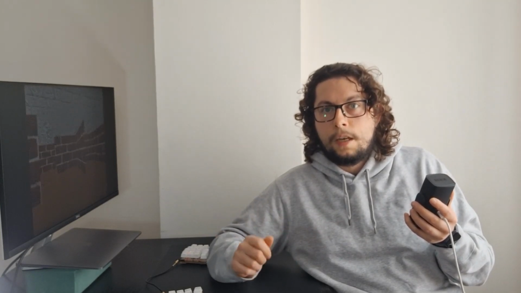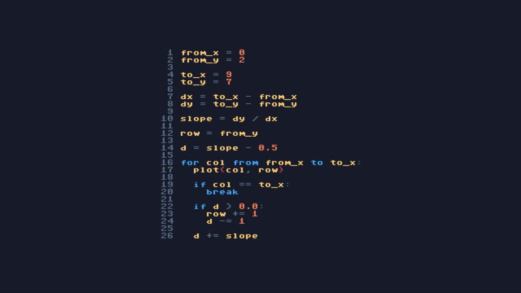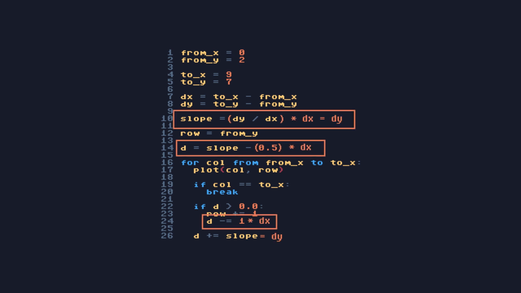And this is basically the idea behind Bresenham's algorithm, but we're still using floating point operations, so let's get rid of them. It turns out we can implement the same decision factor logic using only integer operations. We can eliminate the need for division by multiplying all terms by delta x, the denominator in our slope calculation.